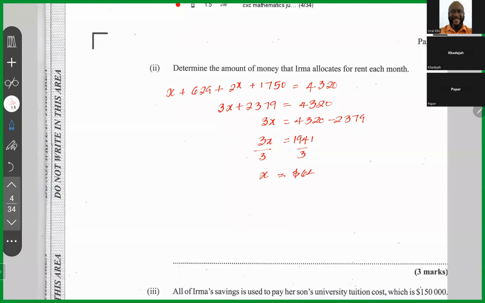So the amount of money she allocates for rent every fortnight is $647.